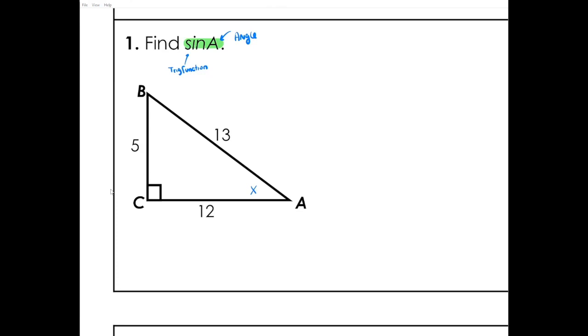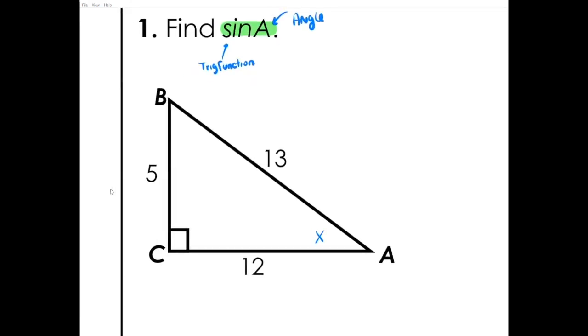Let's identify the hypotenuse first because that's the easiest one. The hypotenuse never moves. The hypotenuse is always, always, always opposite that right angle. And then for the side that is opposite of our given angle, opposite of X is 5. Okay, so that's across, that's opposite. And adjacent is going to be the side that X is touching.